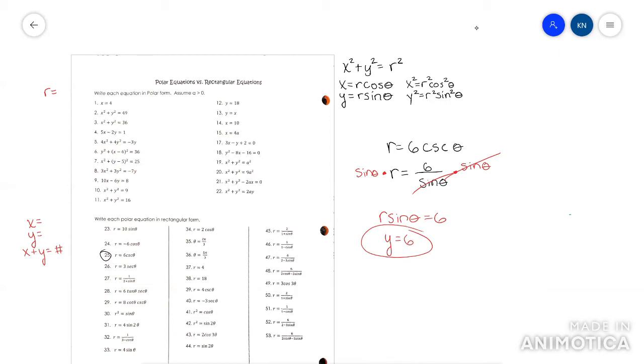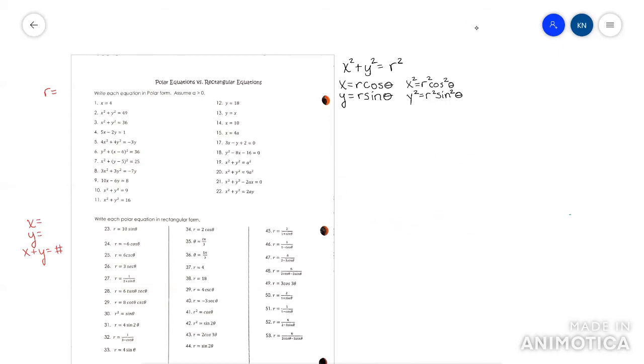Let's look at 28. r equals 6 tan theta secant theta. Okay, the first thing I would do is I'd make it all in terms of sines and cosines. So you'd be here.